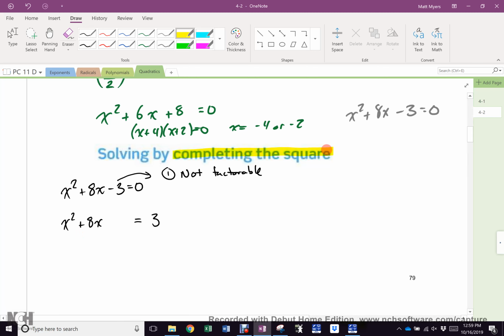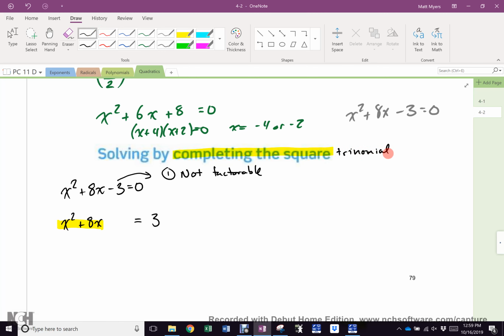What is this called? Completing the square, right? What did we just learn about? Perfect square trinomials, right? Okay. So how could I take this and complete a square trinomial? What would I have to do?